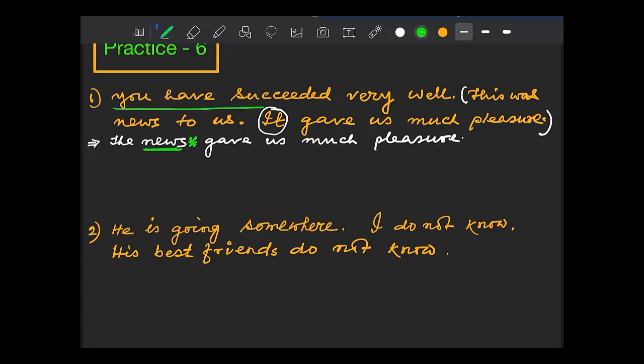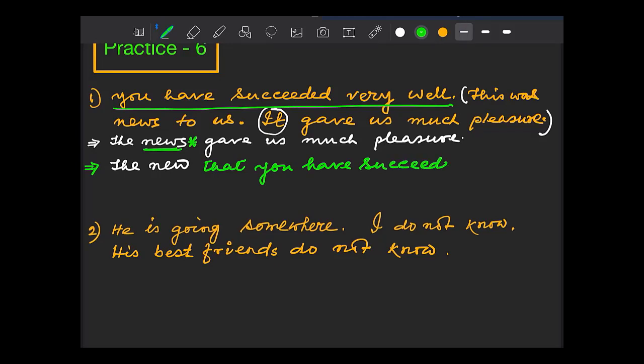We'll use this one as an apposition to this noun. So write this. The news that you have succeeded very well.